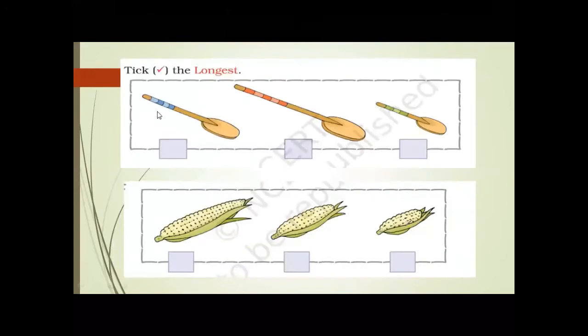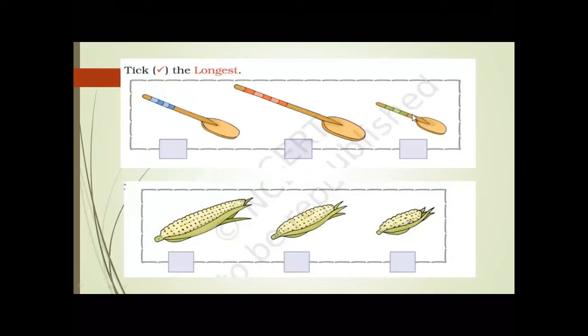Now we solve the activity. The activity is: take the longest things. So again we see which one is longest. Longest means the large thing. So which one is large? This one? No. This one?